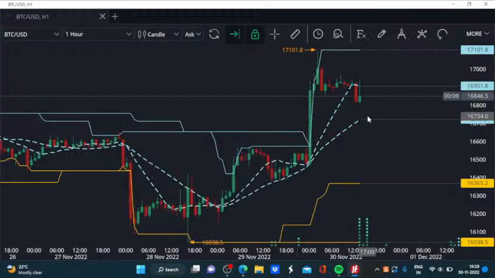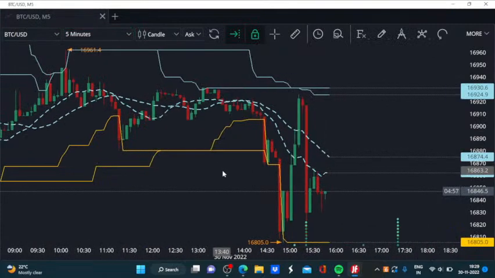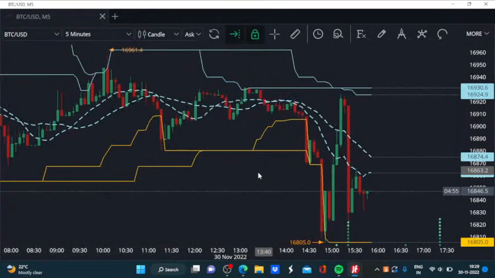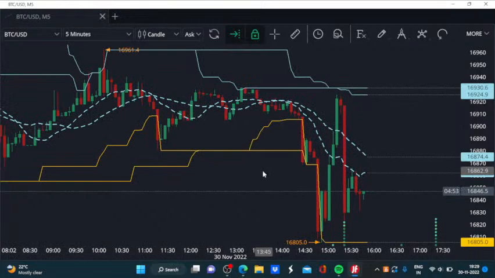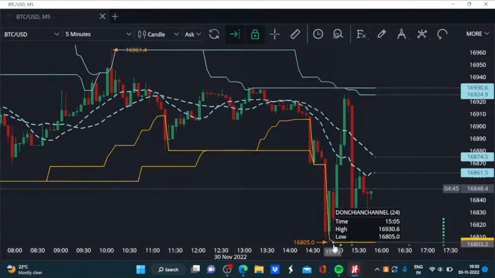And as long as we have the Bitcoin holding above this 24 hours moving average price, we still have to look for the buy trade. And here, if we consider this current price formation, that opportunity might come pretty soon if we don't really see any fresh break below this 16,800 level. I feel after maybe 1 hour more, right now it has been holding this level for almost an hour.